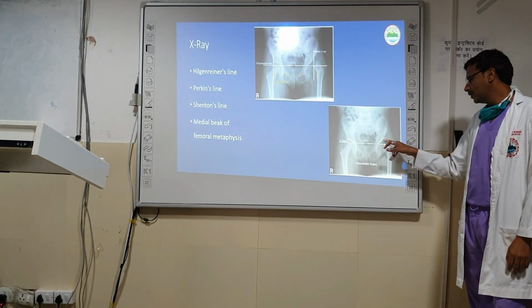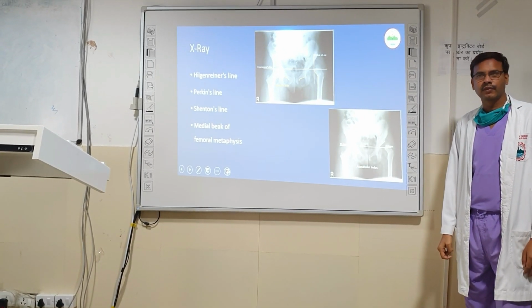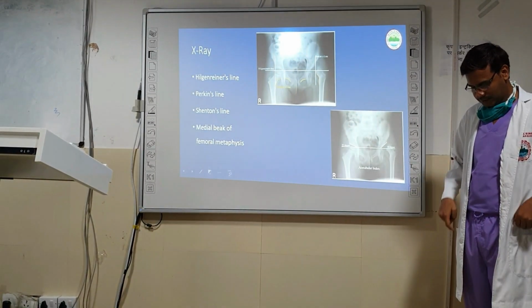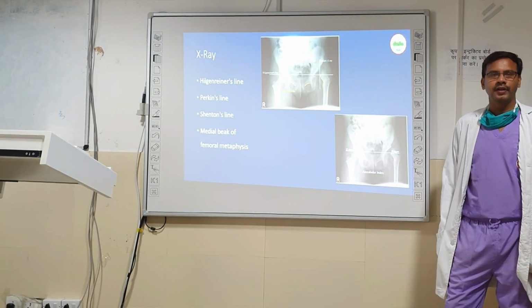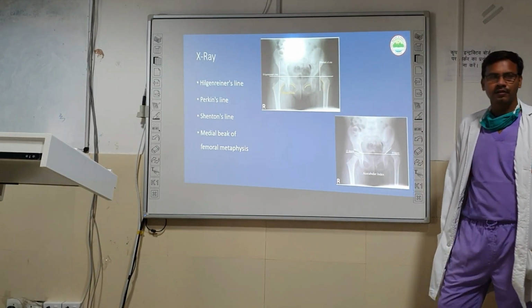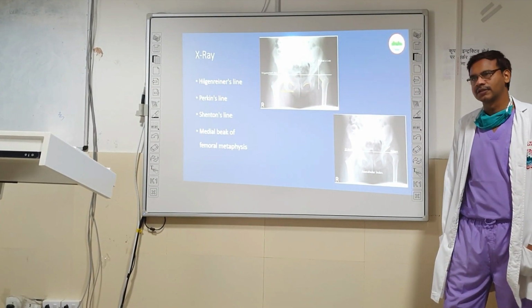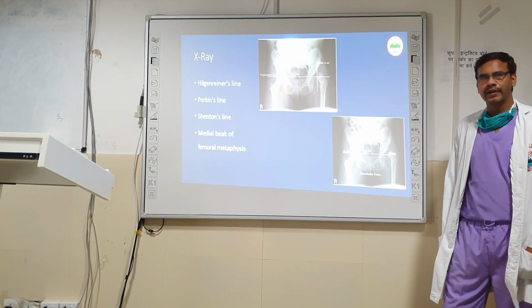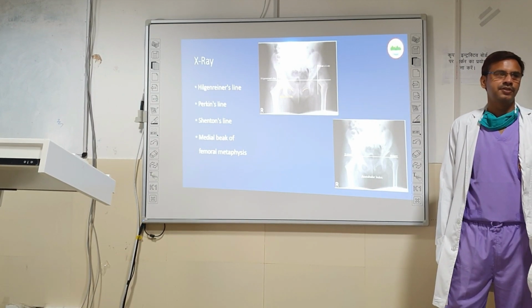The angle between these two lines is the acetabular index, or AI. Acetabular index is 27 or 28 degrees in a newborn, and it usually decreases to 23 degrees at 6 months of age. Anything beyond 30 degrees you should always be suspicious.